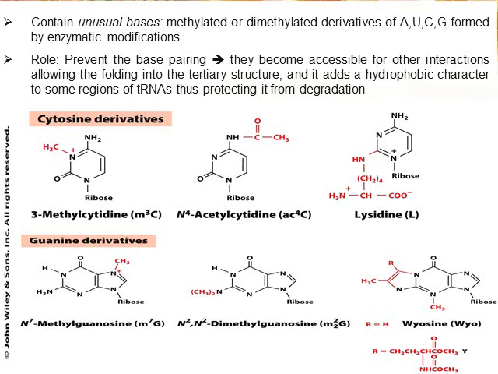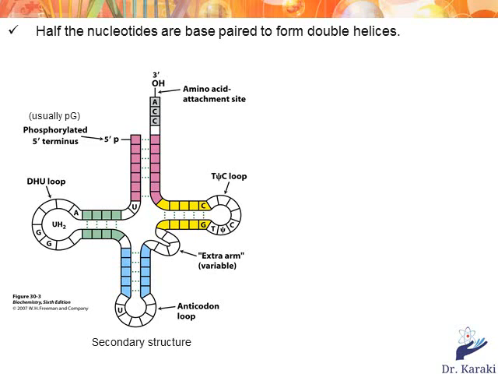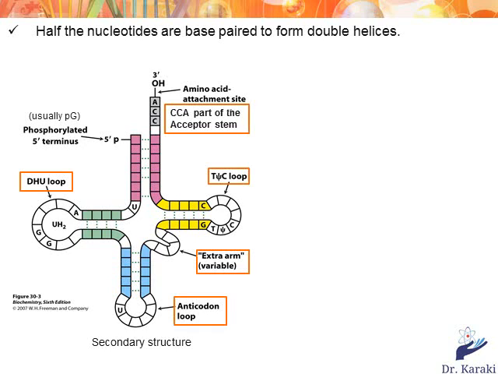The secondary structure of most tRNA is composed of the following: the 5' terminal phosphate group, usually a phosphorylated guanine. The acceptor stem on the 3' end that contains the cytosine cytosine adenine sequence, the CCA sequence, which is used to attach the amino acid on the 3' OH of adenine.